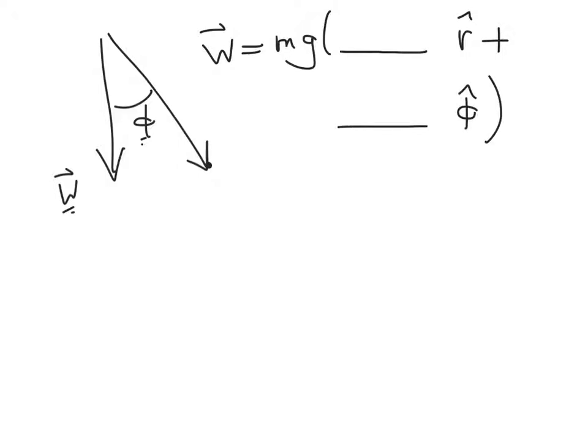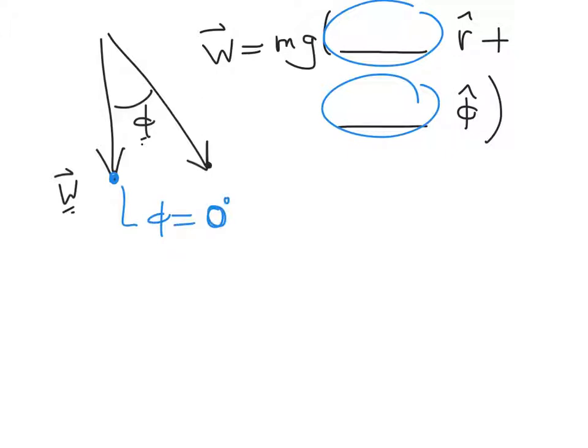And now we know, hopefully you know, from having taken some intro physics classes, that the things that appear here and here are probably going to be sines and cosines. And so the way to work out which is the sine and which is the cosine is to think about how the weight vector would point at different orientations for the skateboard. So for instance, if the skateboard were at the bottom of the half pipe down here, at that point phi is going to be exactly equal to 0 degrees.